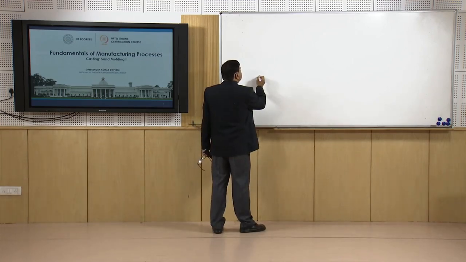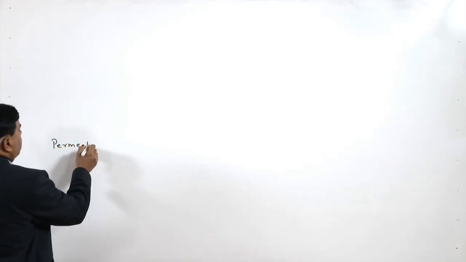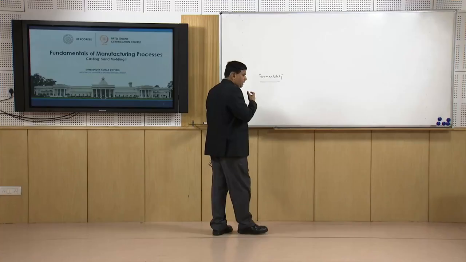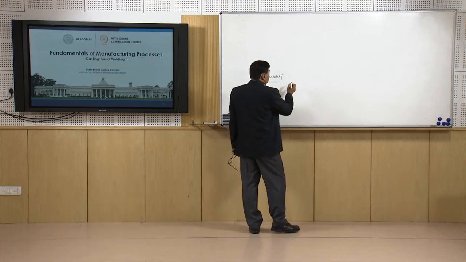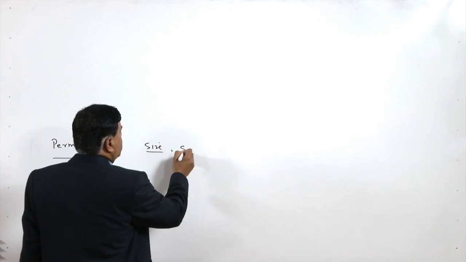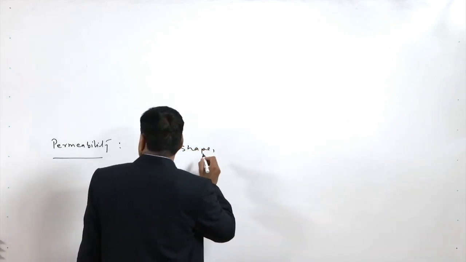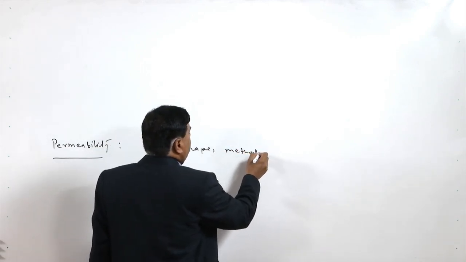So, considering permeability, which is the ability to allow the escaping of the gases which are present in the mold, it depends on size, shape and the method of molding.